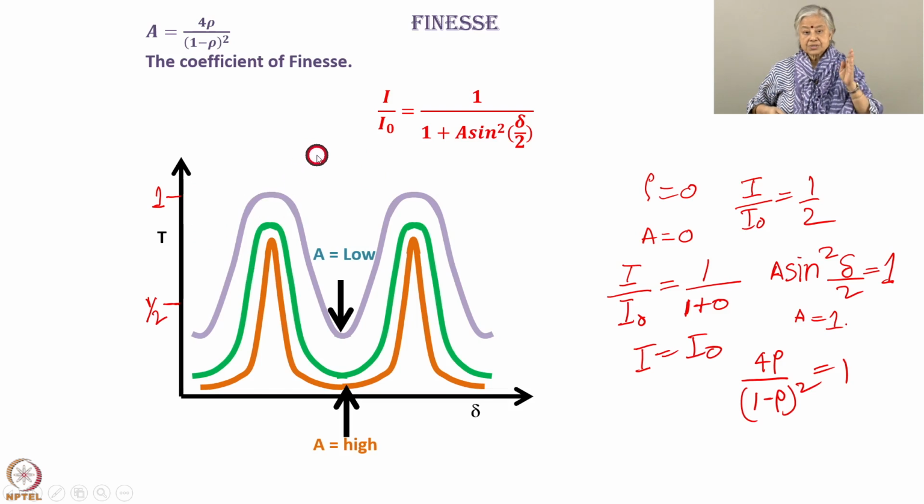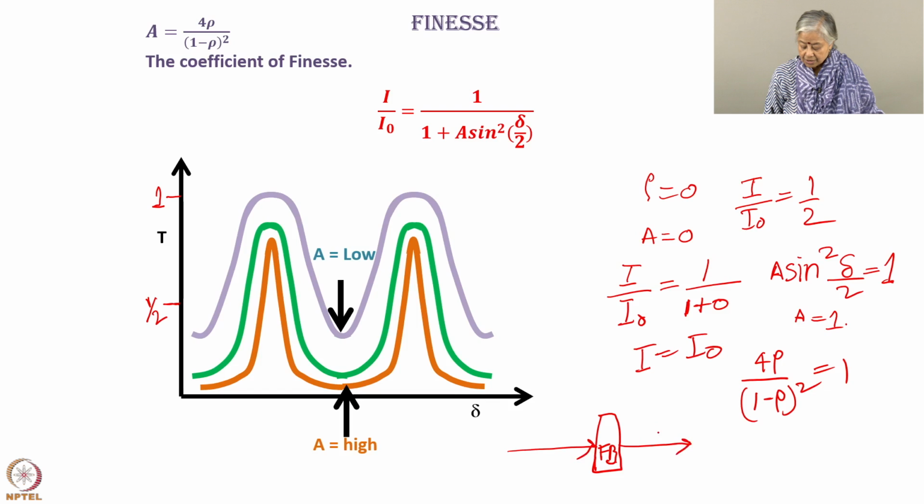Now, that Fabry Perot is like an instrument. I will just draw it as a block like this, Fabry Perot. So, now you have an input light, and this will be the output. We are looking at the Fabry Perot as an instrument.